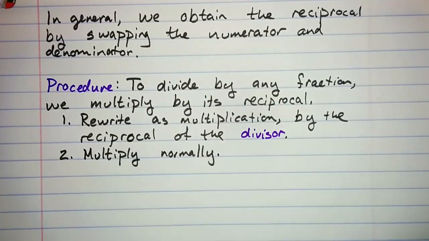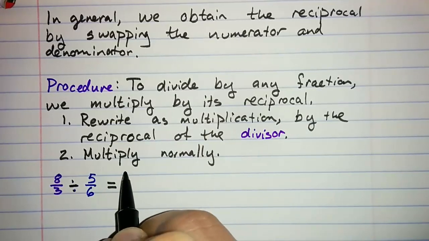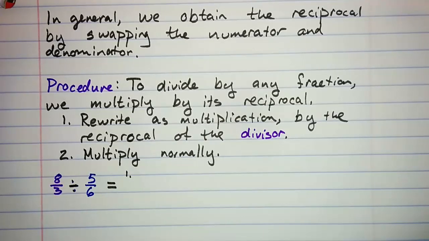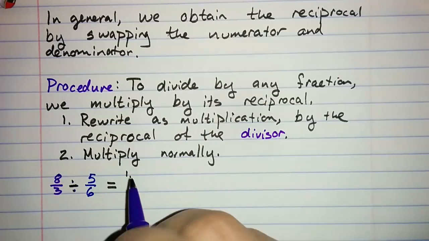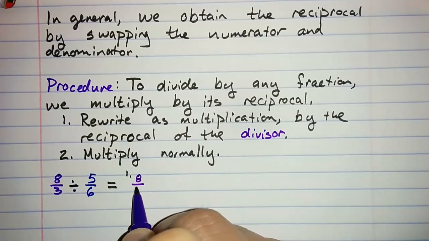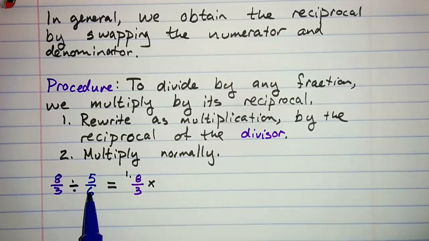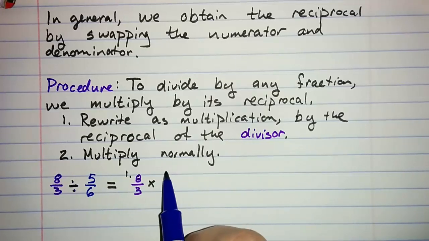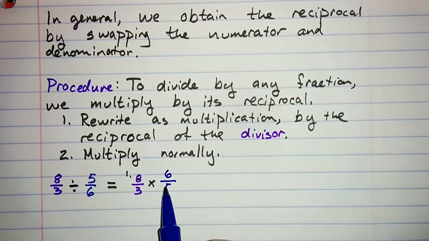So if we want to divide 8/3 by 5/6, our first step would be to rewrite it as multiplication. 8/3 stays unchanged. Divided by 5/6 is the same as times 6/5.